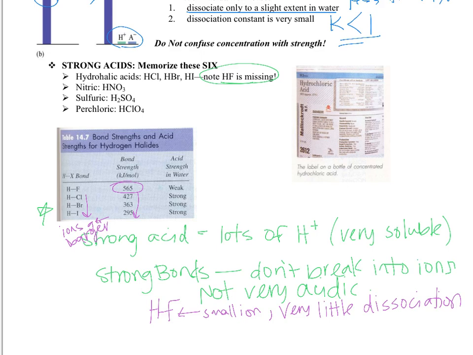That's really ideal for the strength of acids and bases. If it's a weak bond, it's going to basically break apart and make lots of H pluses. So you want to make sure you know that weaker bonds equal stronger acids. That's what we're looking for.